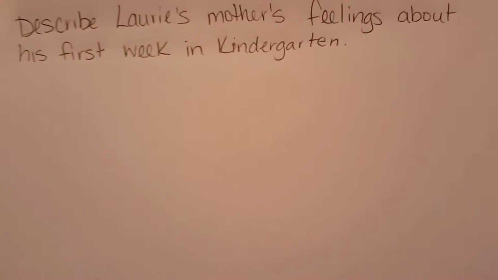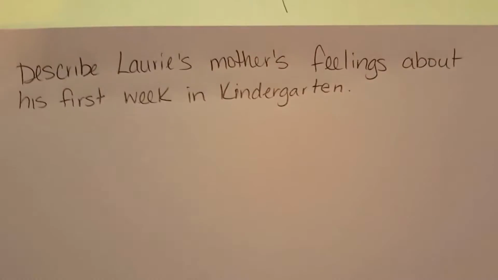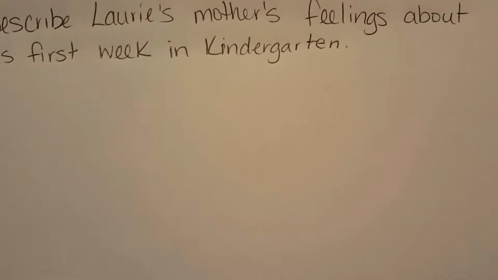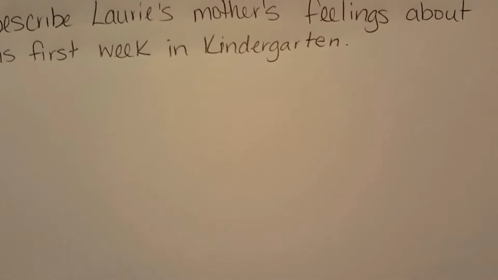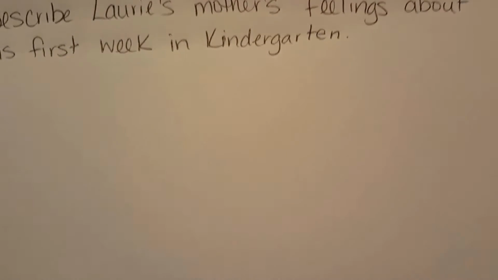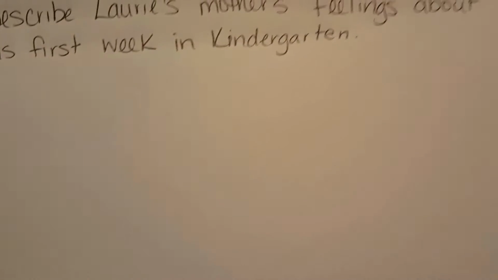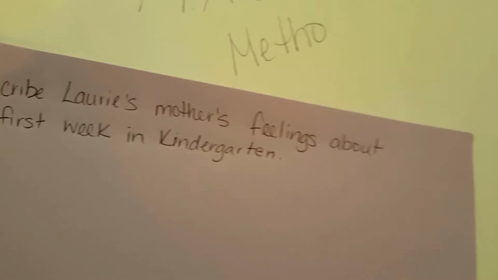Okay, so in the text, you might have gotten confused for several reasons when I read this. The first one is because you don't know what the word unsettling is. If that's the case, we need to use context clues in order to figure out what unsettling means. So let's dig in, all right? Unsettling.